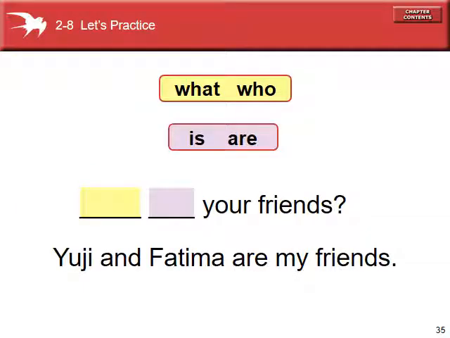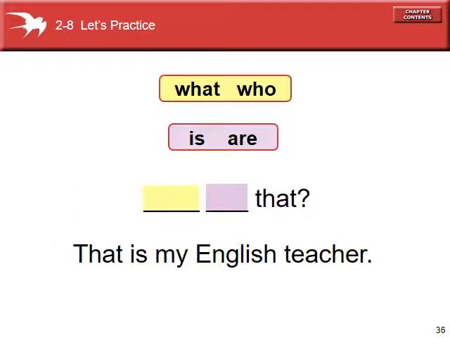In comparison, if we look at this one, we have your friends. Now your friends, the answer says Yuji and Fatima, so those are people, so we'll need to use who. And friends, we can see it has an S on it, so it's plural, so we're going to use are.